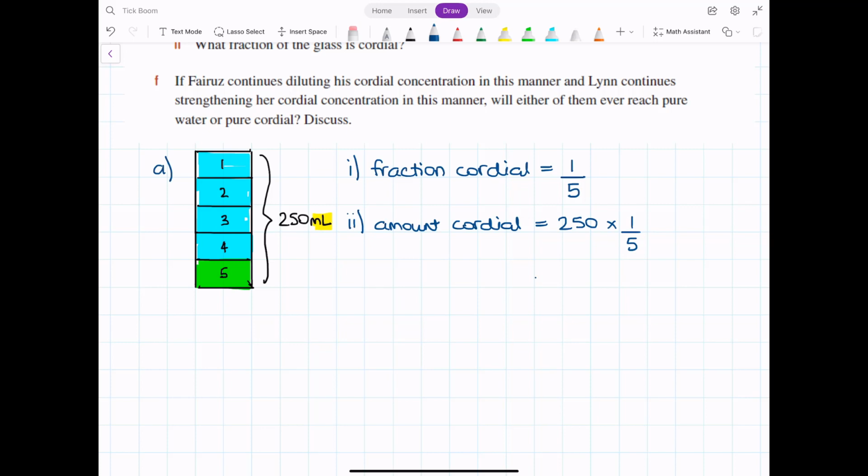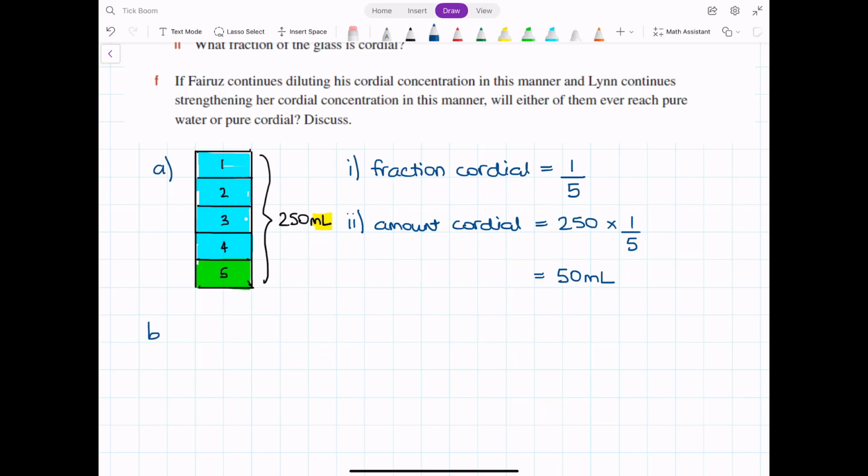And you could put this in your calculator, or you could do this in your head. 250 times 1 on 5 is the same as 250 divided by 5. And you could use your calculator if you needed to, and hopefully you'd get 50 milliliters as the amount. So that's part A done.